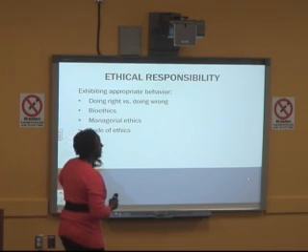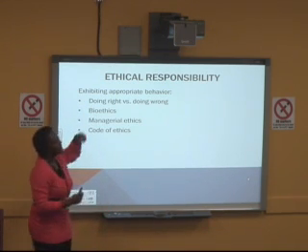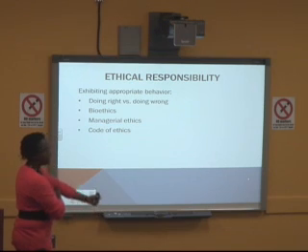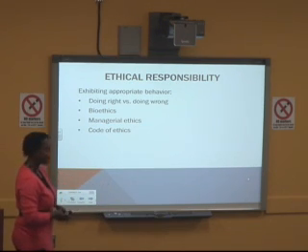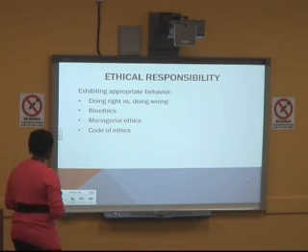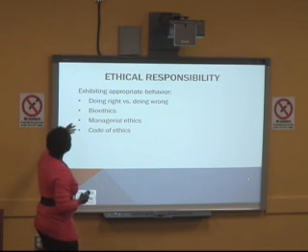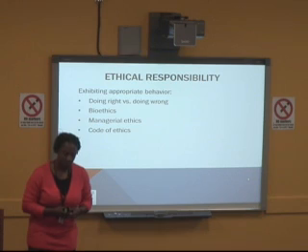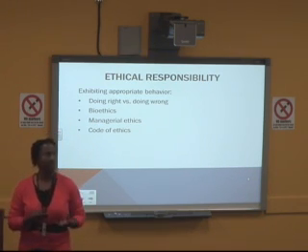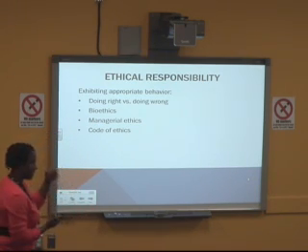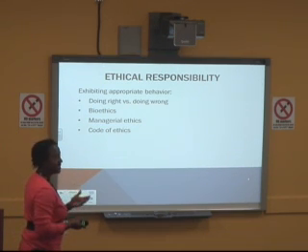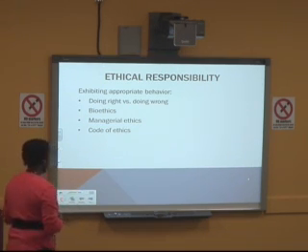Because of those challenges, we can't forget that we have an ethical responsibility. Does everybody know what ethics means? Hopefully. We have to make sure that we are adhering to our code of ethics. Each organization will have a code of ethics, something in writing. It's a statement that tells where they stand on things and what they believe in and what their values are.